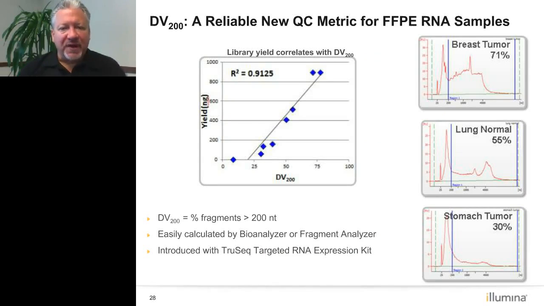And so before I get any more into the data, I do want to spend a little bit of time talking about another important thing that we developed during the development of the RNA Access kit, and that is a better QC metric for looking at RNA samples from FFPE. If you look at the RIN number for all of these samples, they would all be basically 2 point something.